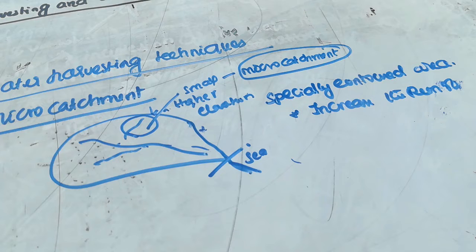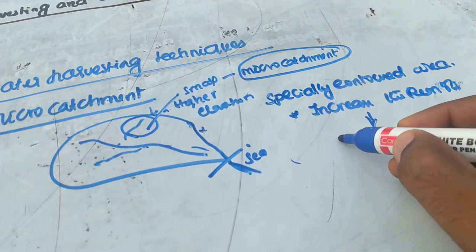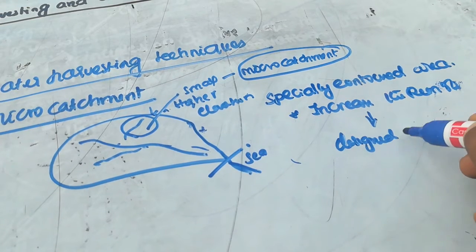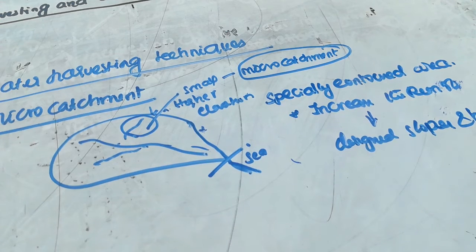Here the technique they are using is contouring with slopes and berms designed to increase runoff. Slopes and berms will protect the side of the bund.